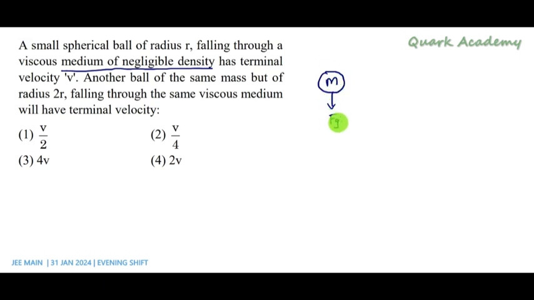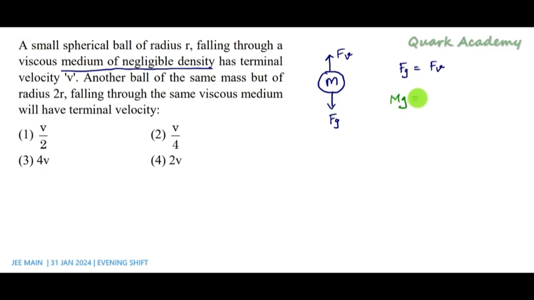The gravitational force will act downward, and force due to viscosity, it will act upward. So terminal velocity means the velocity at which both the forces are going to be equal. So Fg is going to be equal to Fv. In the previous case, we will have buoyant force also, so the expression changes. Since the negligible density is given, so we need not consider it.